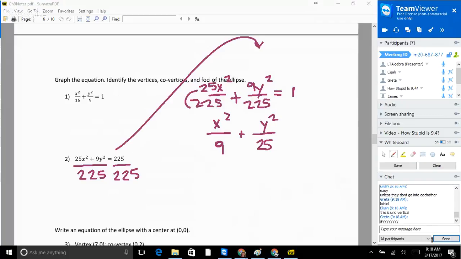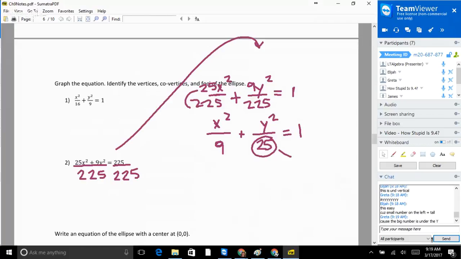So we have 25y squared. And Elijah, I love it. Elijah said, okay, this is vertical. How did you know that that's vertical? Because it's easy. You know it's vertical because 25 is bigger than 9 and 25 is under y, right?